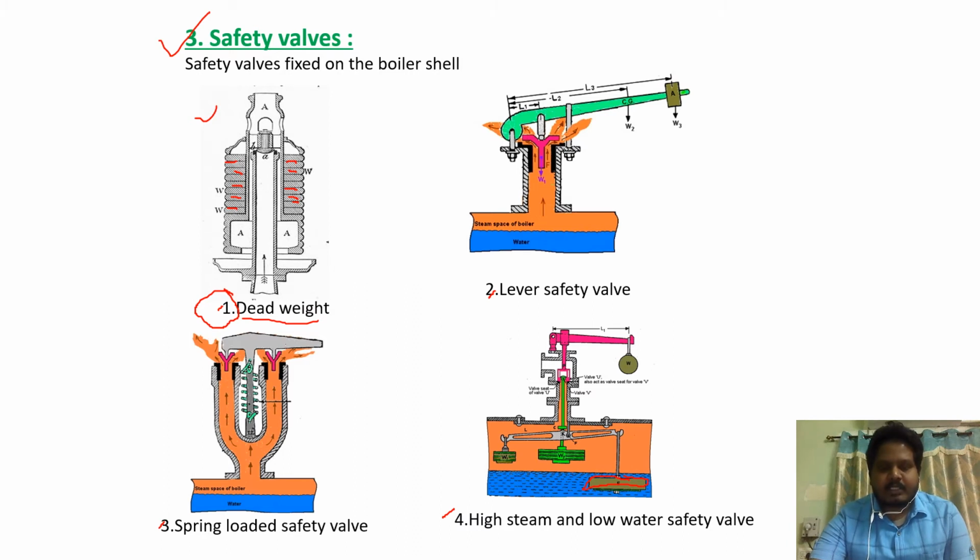Generally, the safety valve is placed on the top of the shell. For example, this is the shell, and on the top of the shell they place a safety valve. So this is the valve.